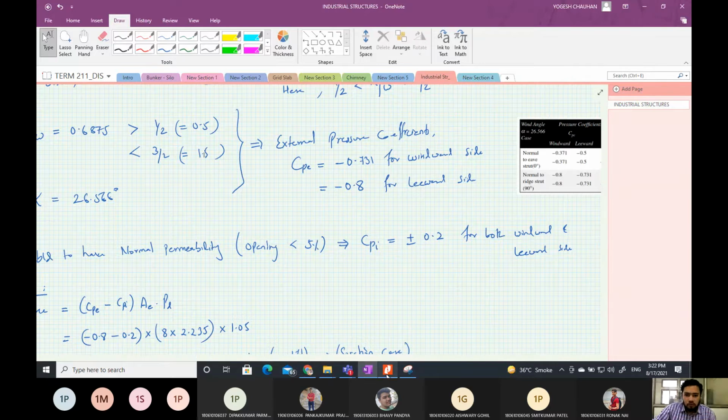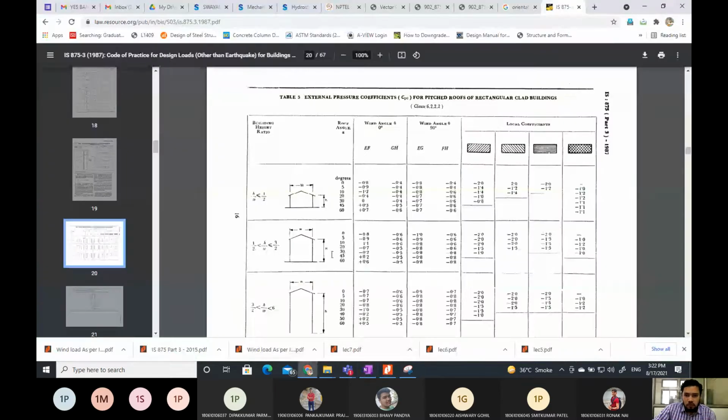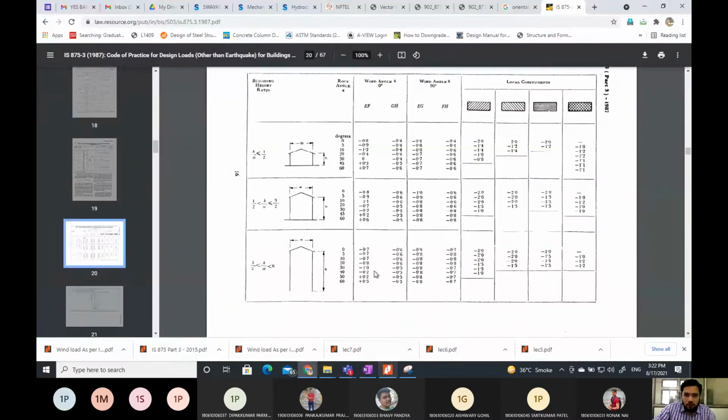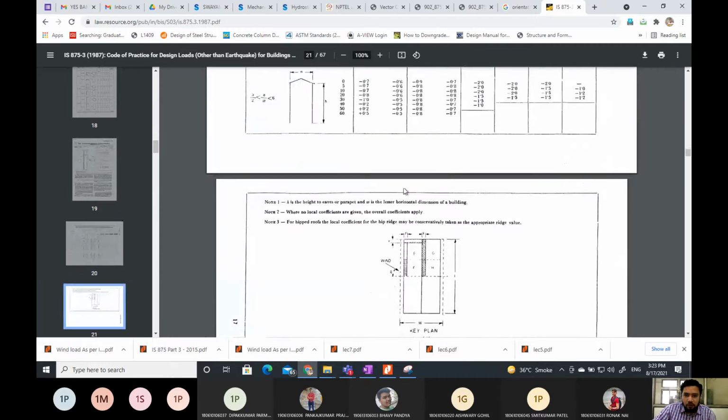Okay, so you can make a table like for 20 degree it is minus 0.7. See, for reference, consider this figure.